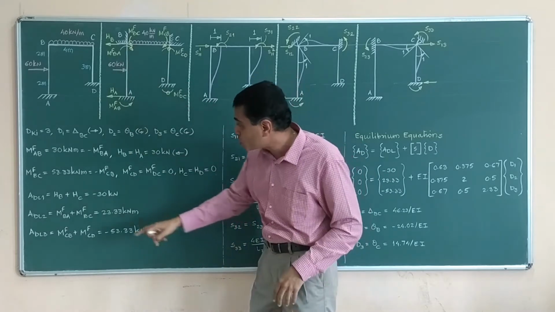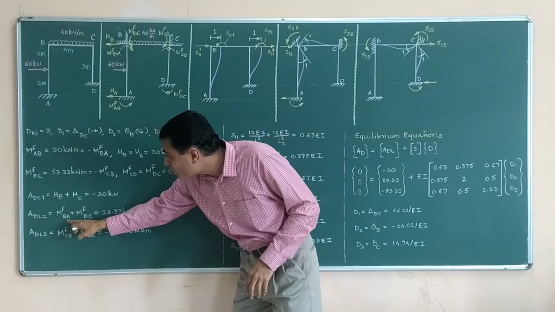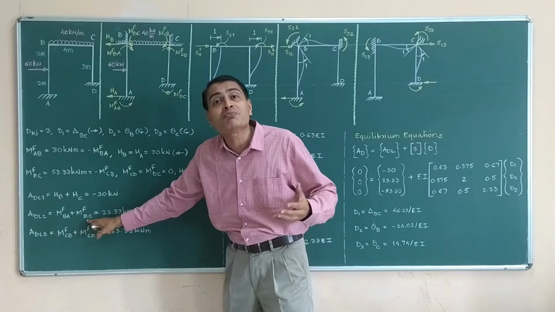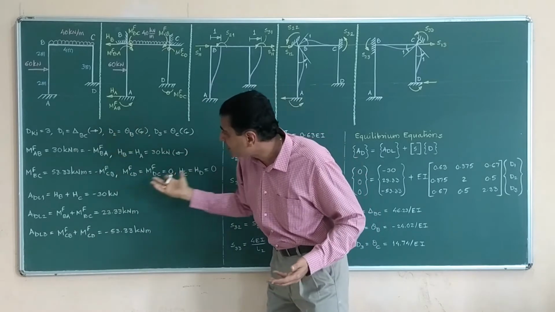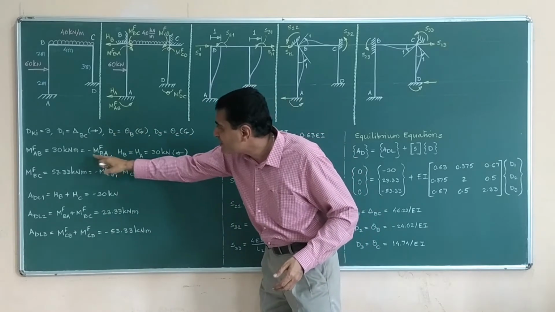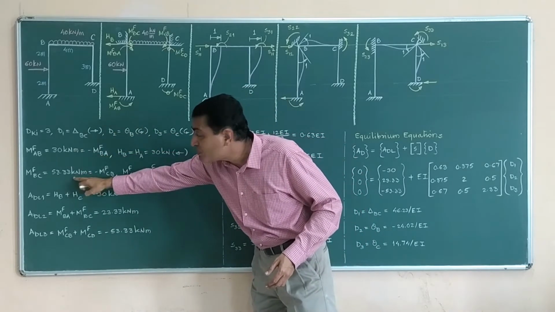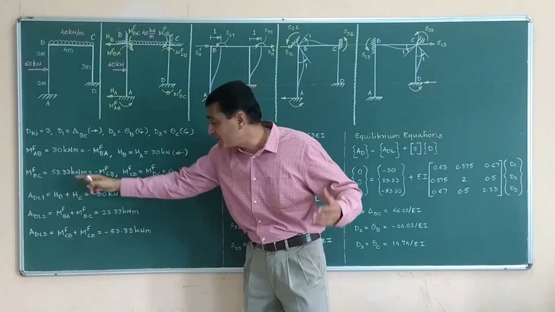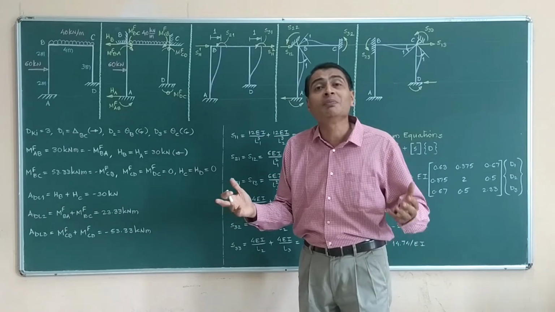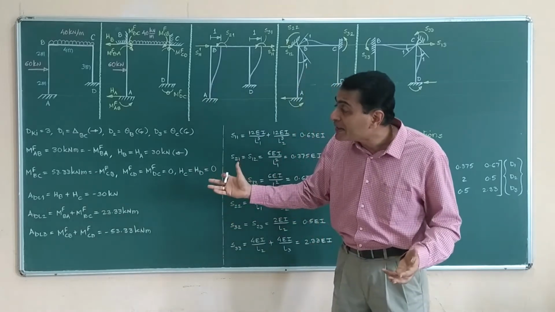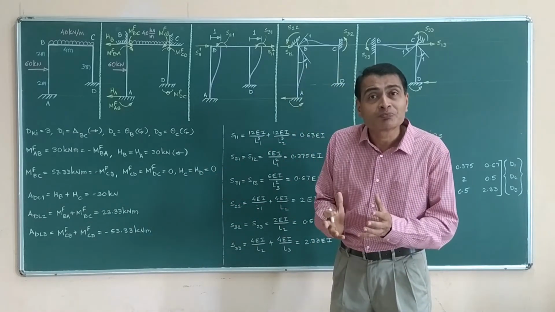That is what I have shown here. ADL2 is equal to MFBA plus MFBC. Choosing the values from what we have written here, MFBA is negative 30, MFBC is positive 53.33, so I am getting 23.33 kilonewton meter. That is my ADL2.